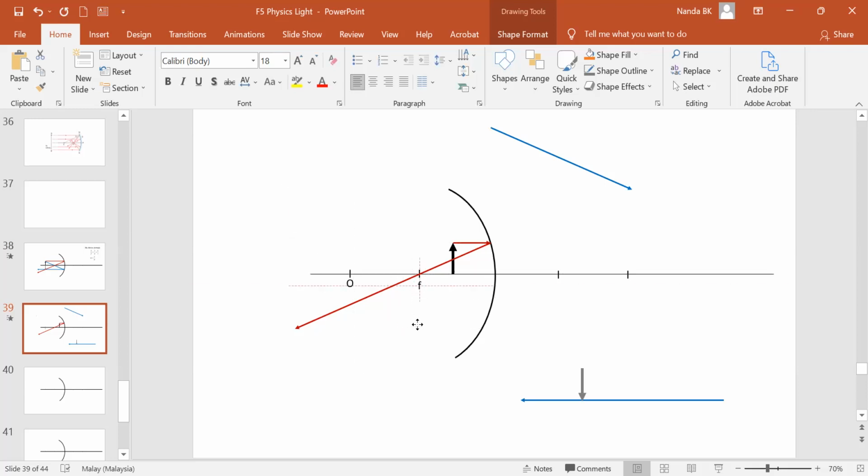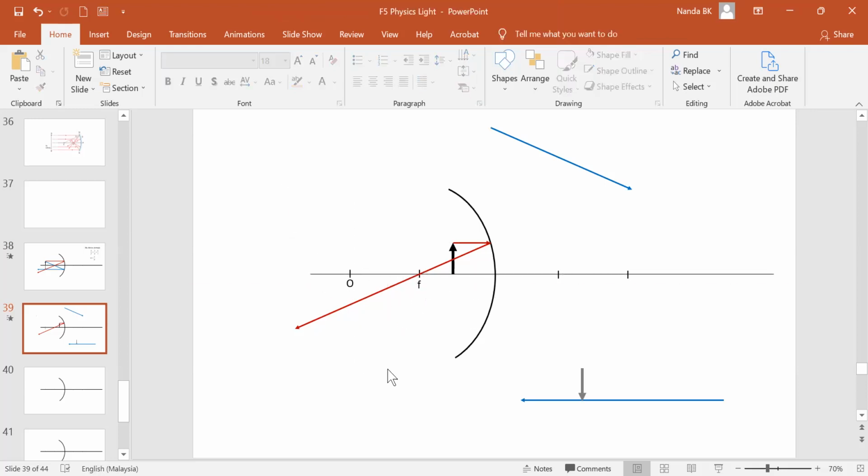So this is the focus and this is the O. Can you see that? Normally the O is 2 times the focus. Because this is satu bulatan besar, it's supposed to be a big round. The O is supposed to be the center of this curving mirror. Are you following me? Okay.